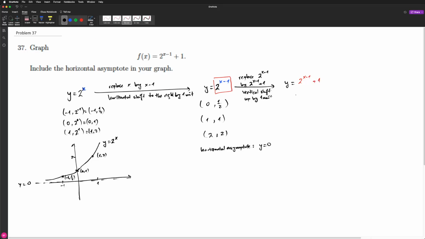And the corresponding points, nothing happens horizontally, but to all the y coordinates, I'll be adding 1. So 1 over 2 plus 1 is 3 over 2, then 2, and 3. And the horizontal asymptote is affected. I'm shifting it up by 1.